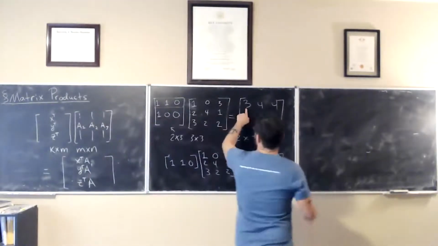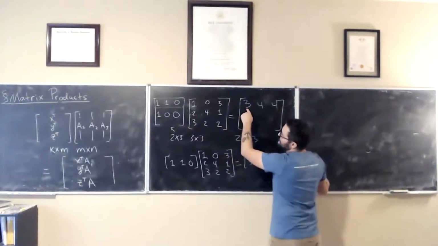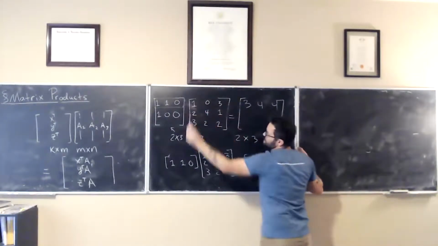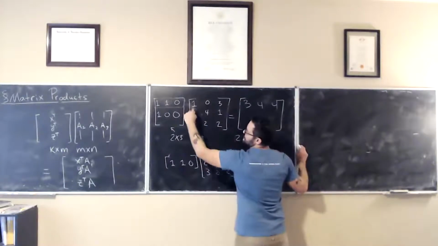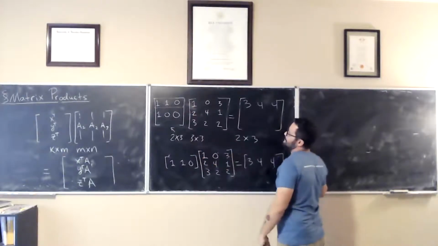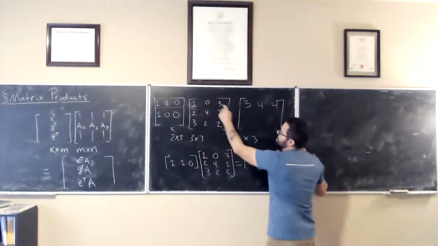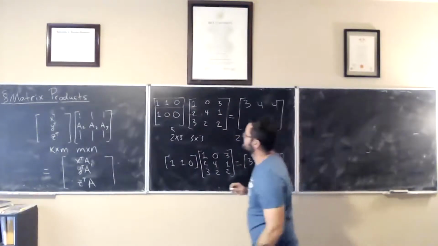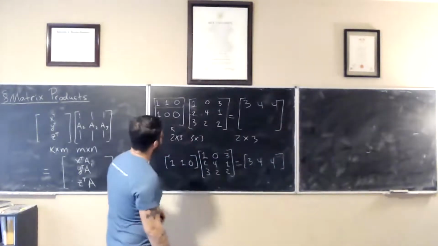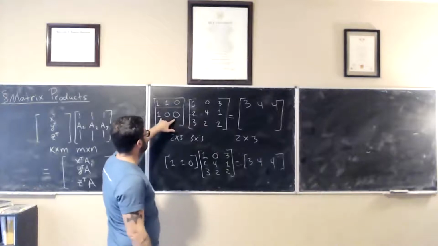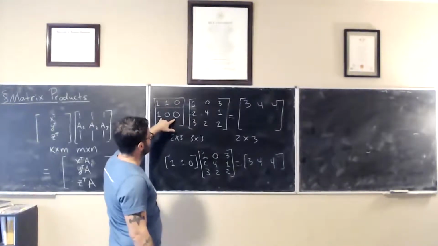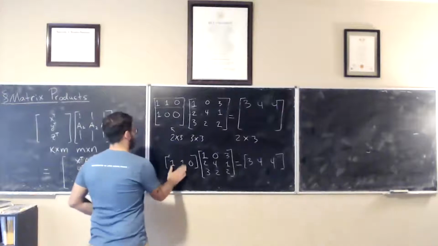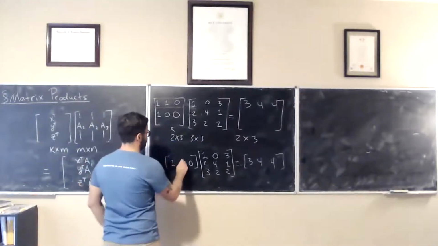And this entry right here, we got from these numbers. 1 there gave us there, 1 there gave us there, 1 there gave us there. So what is this going to do in terms of row matrix multiplication?